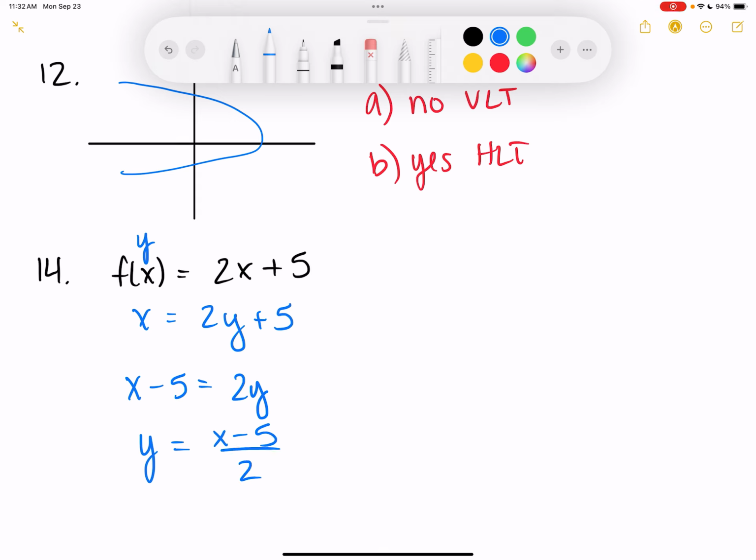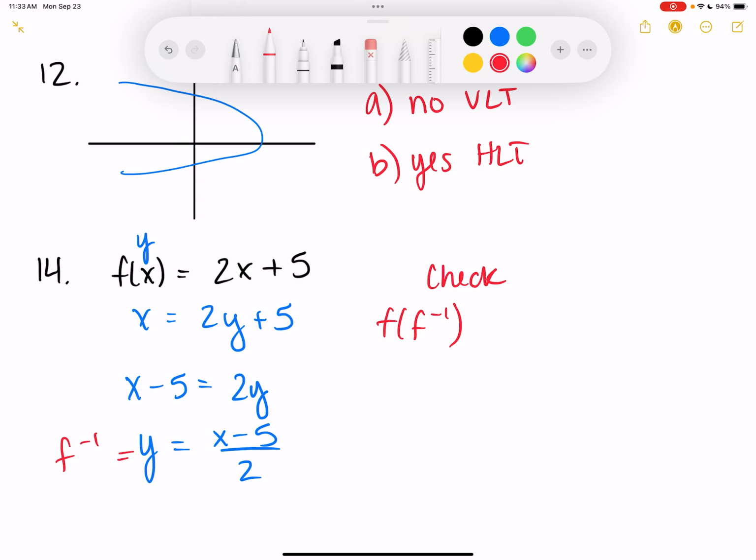Now, we're going to do some of these later where they want us to confirm that two functions are inverses of each other, but I'm going to show you a way to check them so that you never have to worry about getting an inverse wrong. We can plug in f of f inverse and vice versa, it doesn't matter. I'm going to plug in this function for x up here, and if it comes out to be equal to x, then it is an inverse.